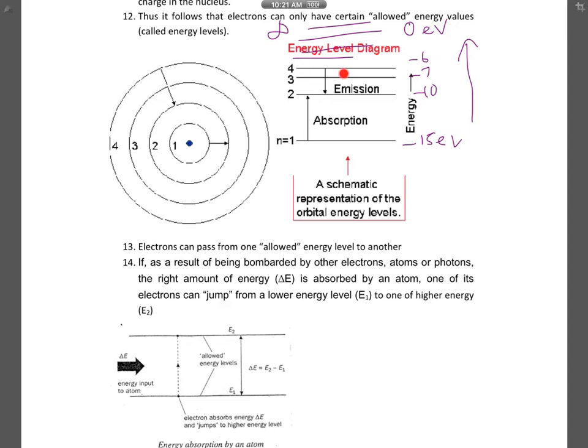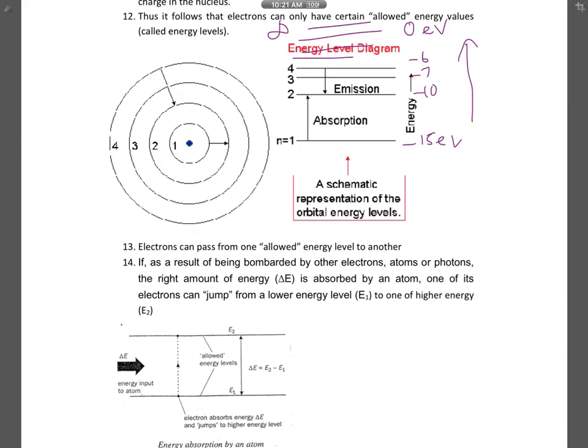Now, each step that it falls, or each transition we call it, will cause the electron to lose a specific amount of energy, right? For example, if it falls from here to here, it must lose 3 electron volts. If it falls from here to here, it will lose another 5 electron volts. Or it falls straight away, it will lose 8 electron volts. Now, this energy is released in the form of a photon.